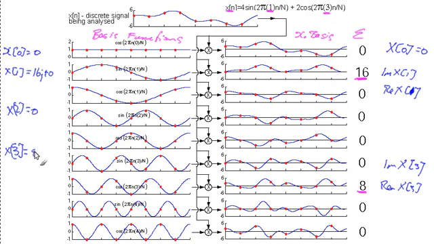So if we were to plot the magnitudes of these values to show the magnitude spectrum of the signal, what we would see is a value of 0 for bin number 0, a value of 16 for bin number 1, a value of 0 for bin number 2, and a value of 8 for bin number 3. So it would be half the strength. And a value of 0 for bin number 4. Okay?